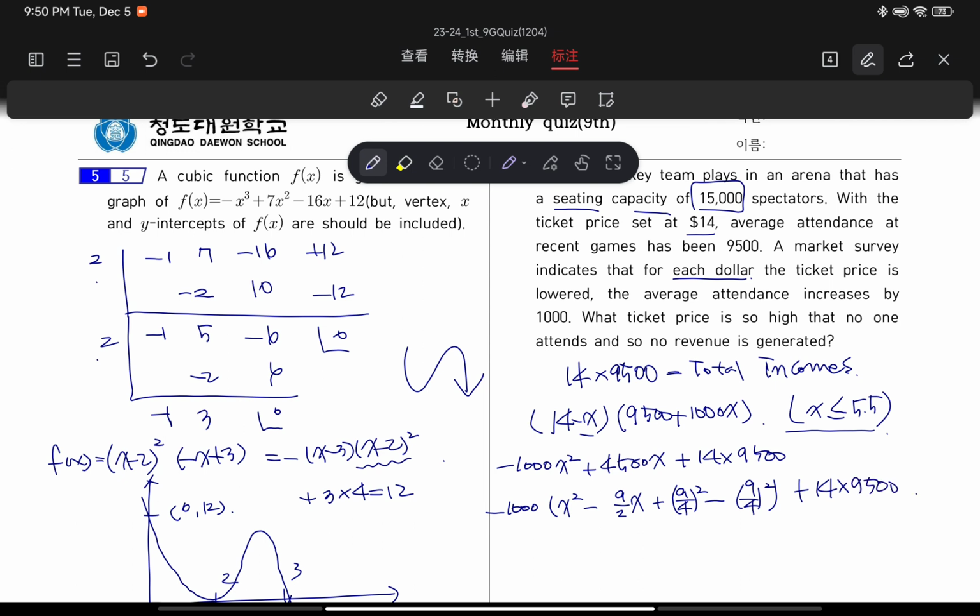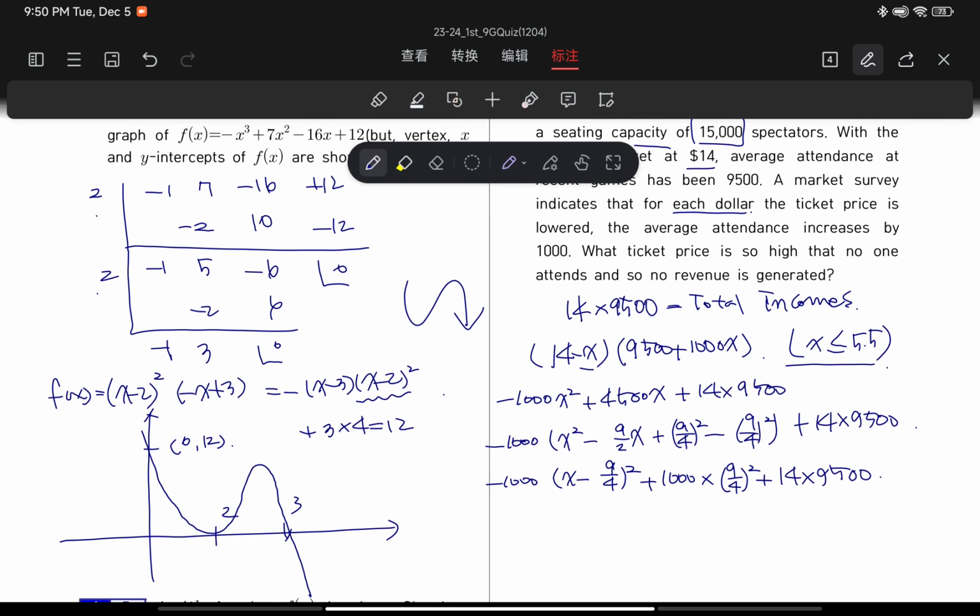Anyway, so negative 1,000 times x minus 9 over 4 squared, plus 1,000 times 9 over 4 squared plus 14 times 9,500.